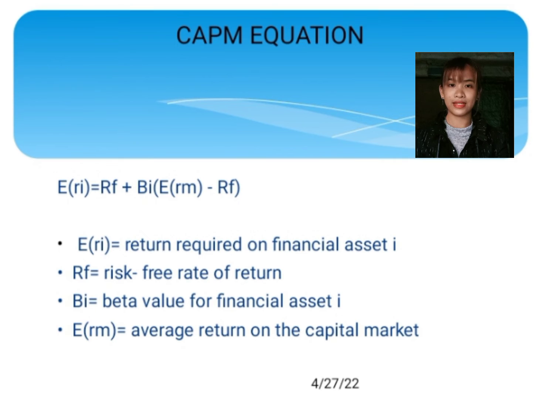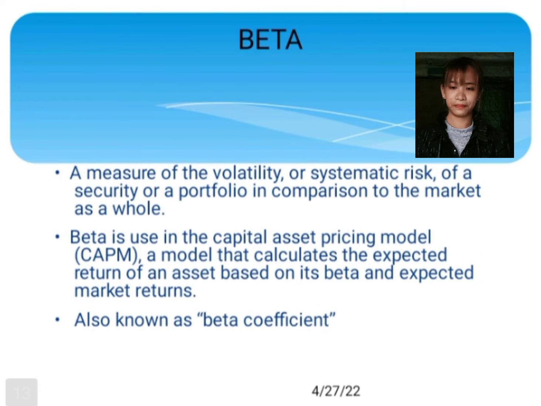Next is the CAPM equation, or the Capital Asset Pricing Model equation. As you can see at the top of the screen is the equation of the Capital Asset Pricing Model. Next is beta.